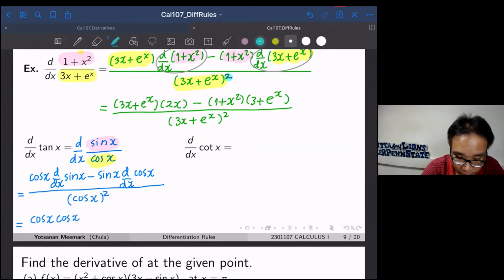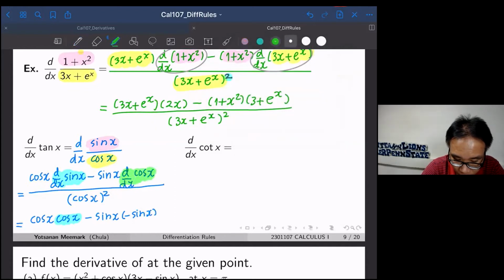Okay, so let me highlight the blue color here. So diff sine you get cos, and you have sine x, and you diff cos you get negative sine x. So this one should be the green one.